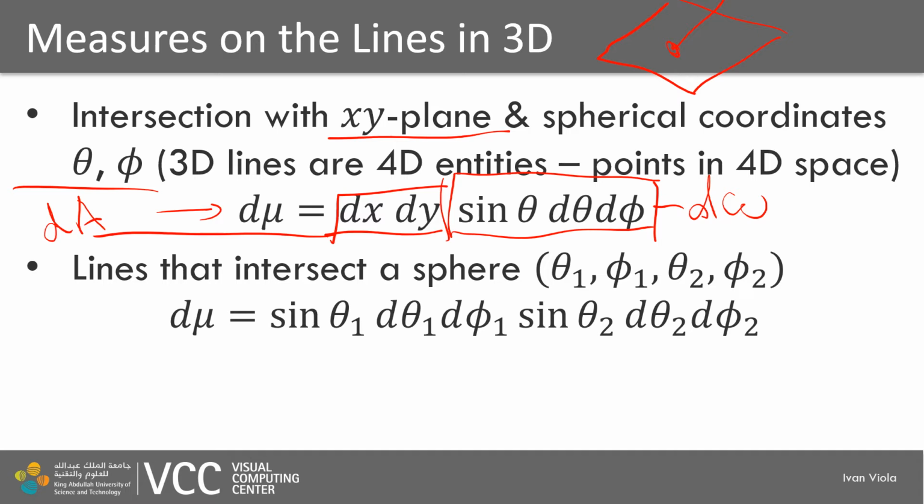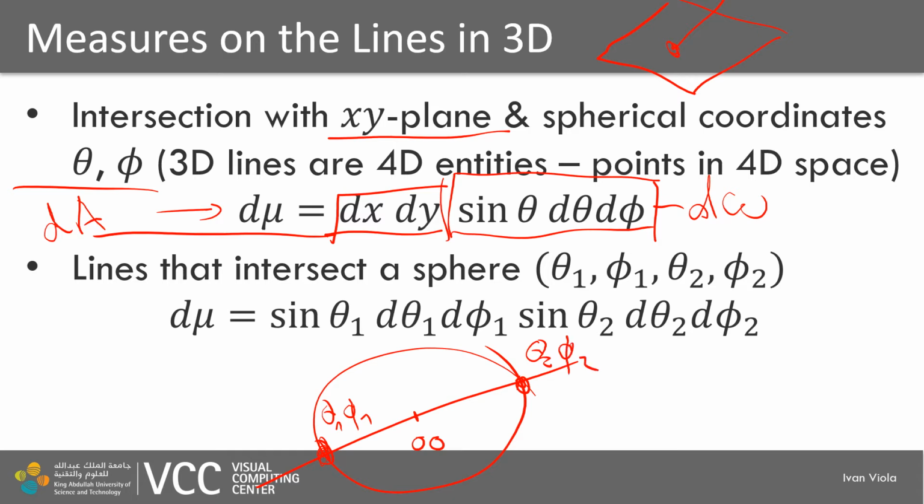Or we can define our measure on the lines through intersection with a sphere. So imagine we have a line, and this line is intersecting a sphere with the center 0, 0, and there is one point where it enters and another point where it exits this sphere, and these points have certain coordinates in polar coordinates, which will be theta 1 and phi 1 and theta 2 and phi 2.